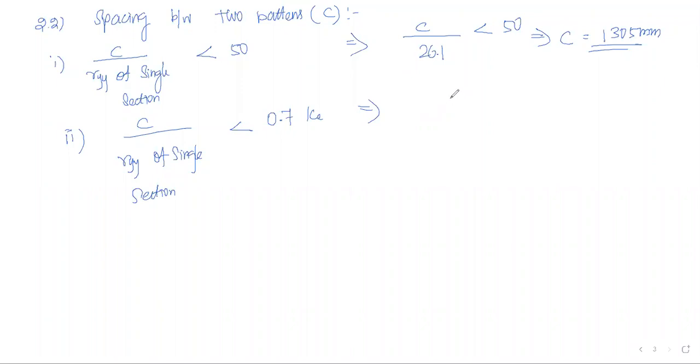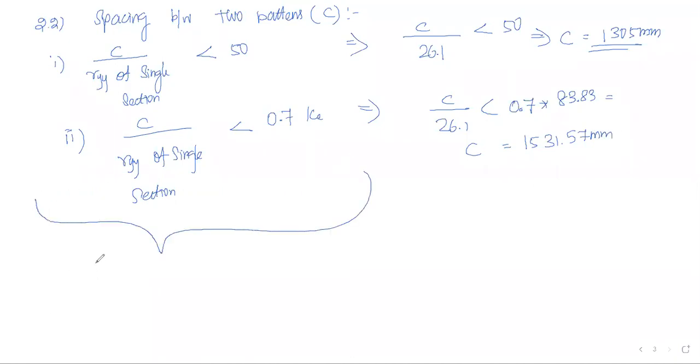With respect to the second condition, C divided by 26.1 should be less than 0.7 times the Ke value, which is 83.83, as we know. So it becomes 0.7 into 83.83 into 26.1, which is 1531.57. Therefore C is equal to 1531.57 mm.